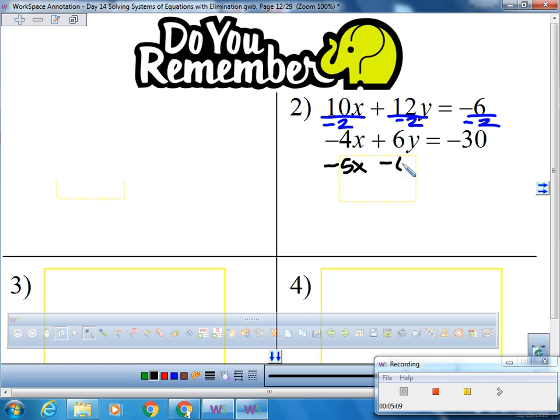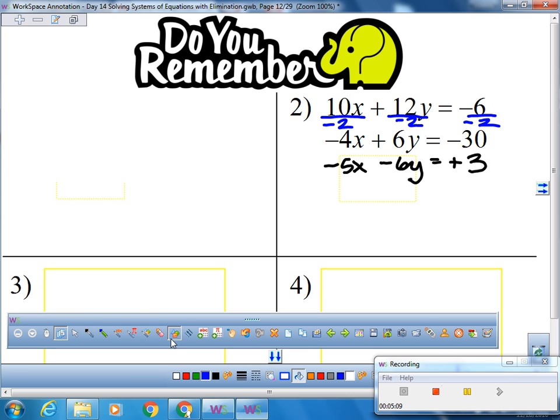Because this is going to be negative 6y equals 6 divided by negative 2 is going to be positive 3. Negative 6 divided by negative 2 is positive 3. And now I've just changed my system.